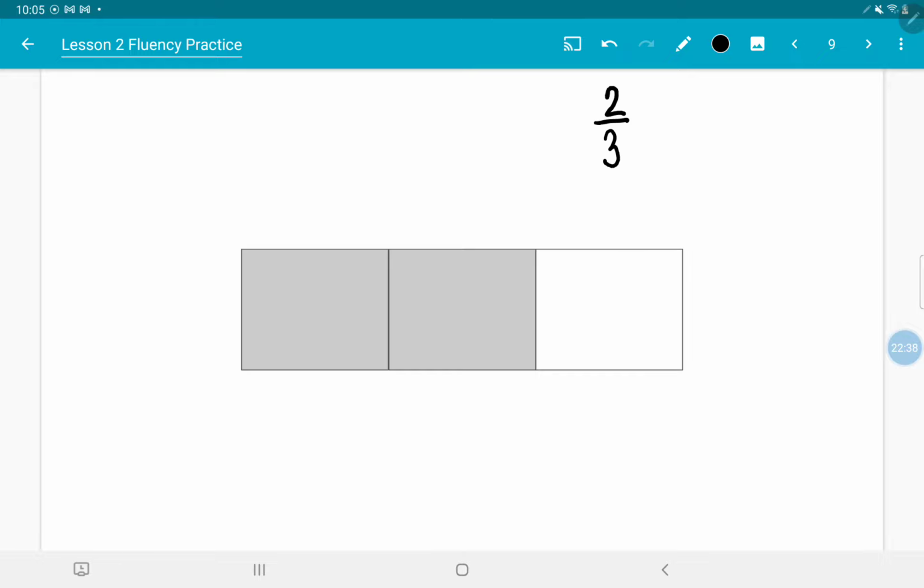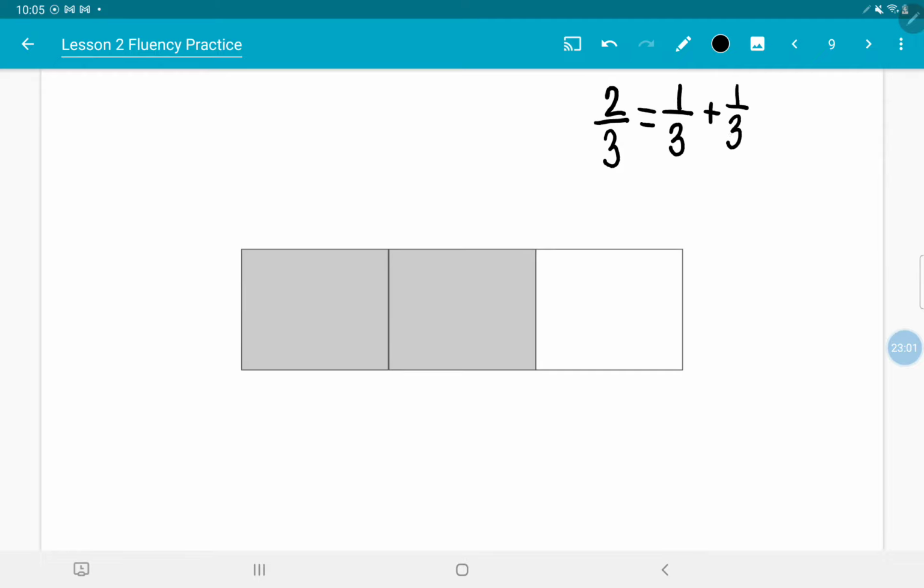How many parts is it broken into, Harper? Thirds. It's broken into thirds, so each part has a value of how much? 1/3, exactly. So I could say 2/3 is equal to 1/3 plus 1/3. Would that be a true statement?